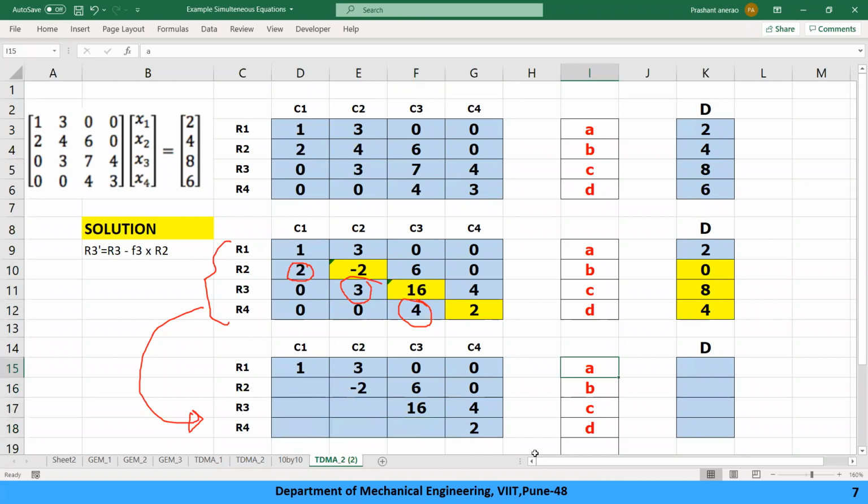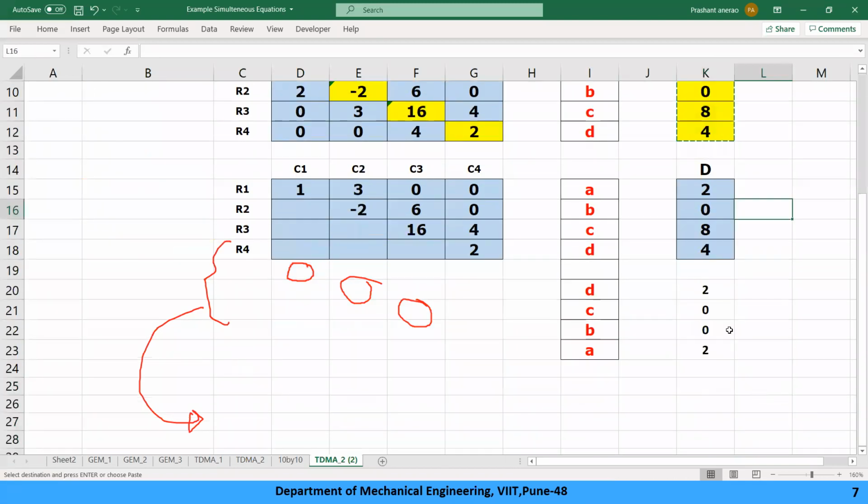Doesn't matter for us. Next, this D also, I'm going to just copy paste it. So, rewriting it, then we are going to do back substitution.